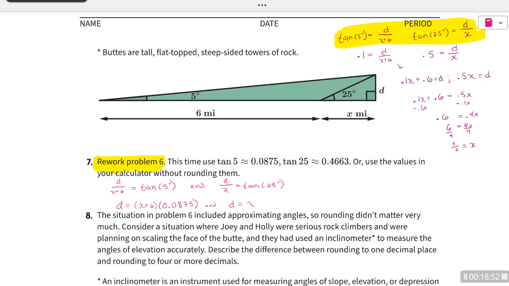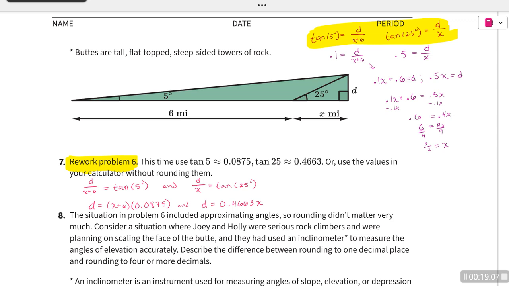And d equals x times 0.4663. So we get those two things when we input our tan. Those are the two values we're going to set equal to each other. We're going to substitute for d. So we're going to have 0.0875x plus, well, let's see what we get when we do tan of 5 times 6 in our calculator.